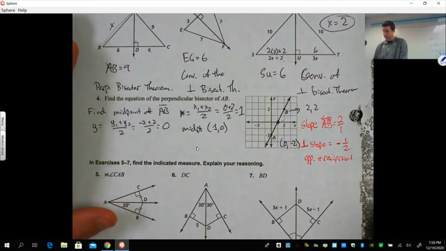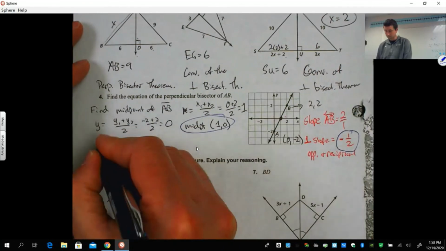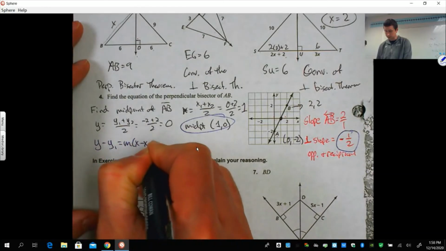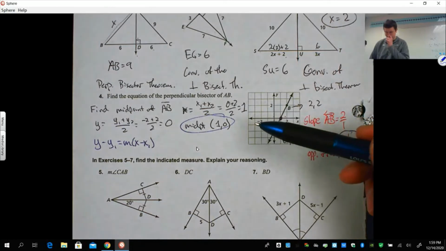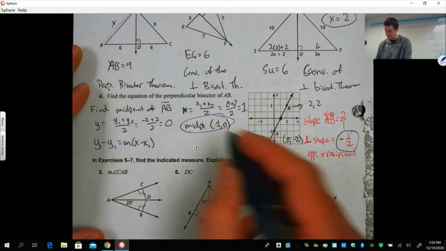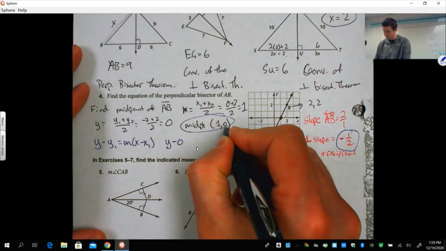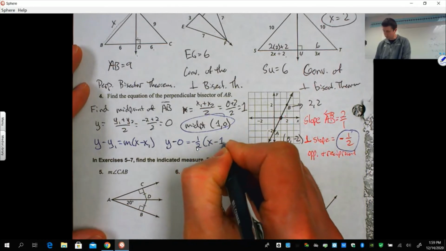And once you get your perpendicular slope and your point, remember point-slope form. Y minus y1 equals m times x minus x1, where your midpoint is going to be the x1 and y1, and your slope is going to be negative 1/2. So I get y minus 0, there's y1, equals negative 1/2 times x minus x1, which is 1.